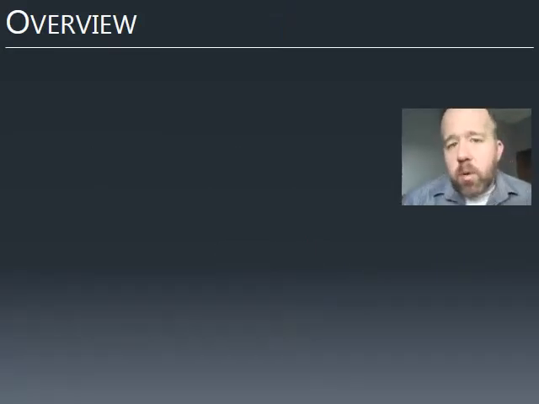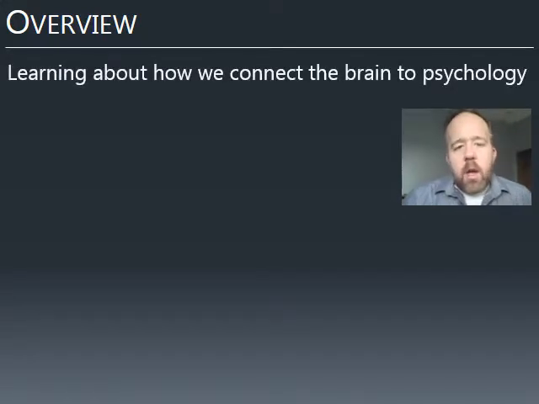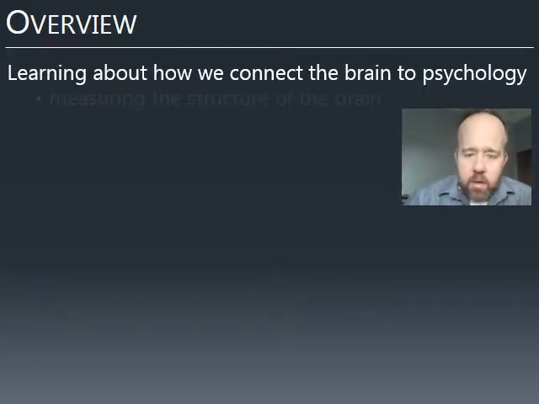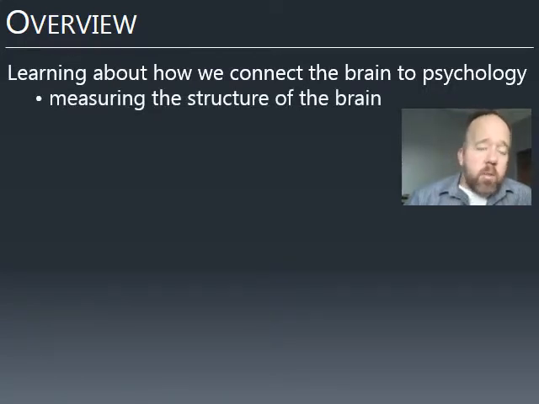So for this unit, we're going to be talking about investigating the brain. How do we measure the brain? And how do we connect what's going on in the brain and how it's built to psychology? So how do we connect the brain to the mind? First, one thing we can do is measure the structure of the brain.